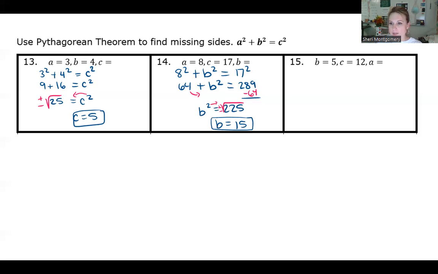Let's set up the next one. Okay. So we have 144 minus 25.